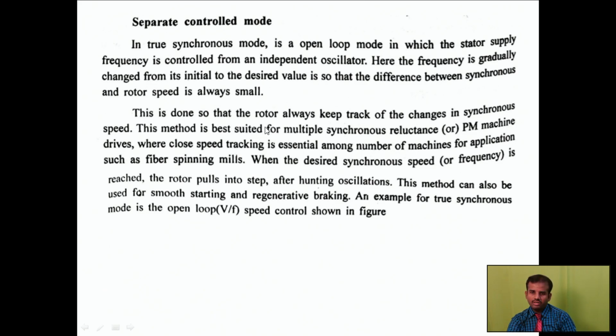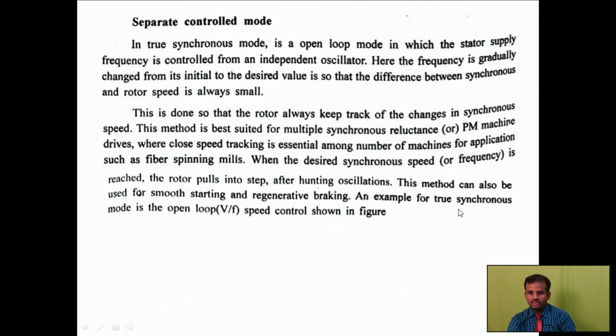This is the best method for multiple synchronous machines, that is, permanent magnet machine drives, where closed loop tracking is essential, for applications such as spinning mills. When the desired synchronous speed is reached, the rotor pulls into step after hunting oscillation. This method can also be used for smooth starting and regenerative braking.